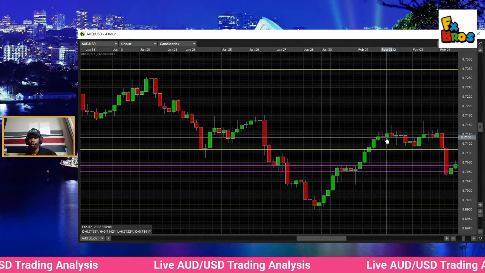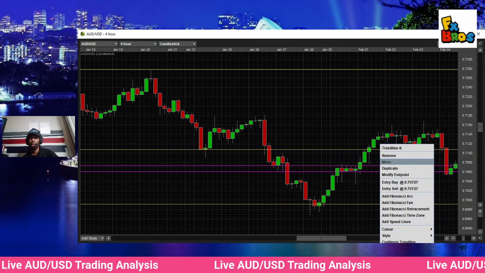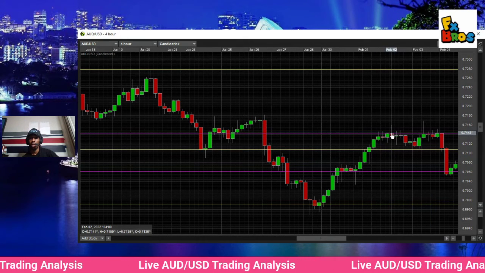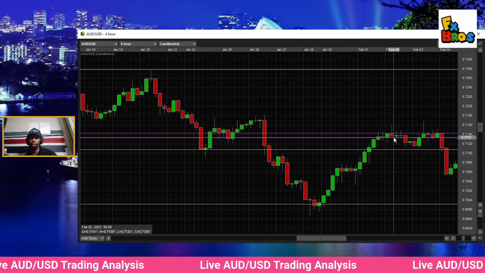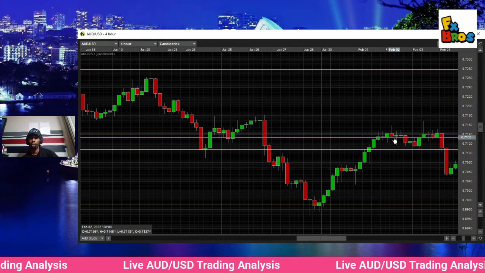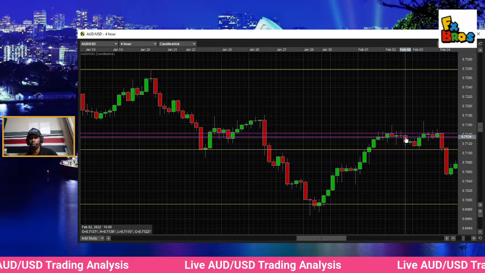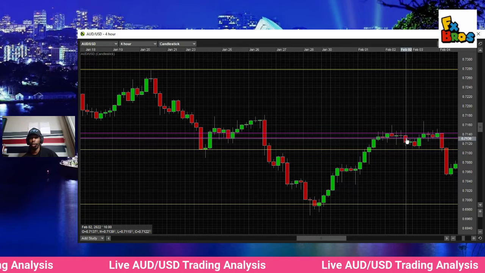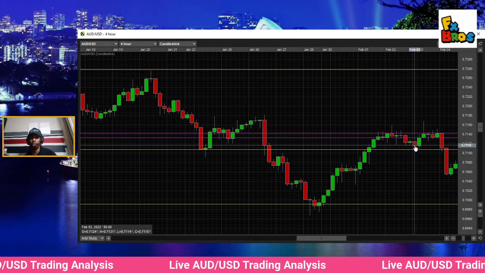Notice how if I would have drawn these lines, say if I take this and drew that on that body, take this and drew that up in here, this would have been your trade. It broke out, you would have waited for a slight retest up in here and you would have taken sells.